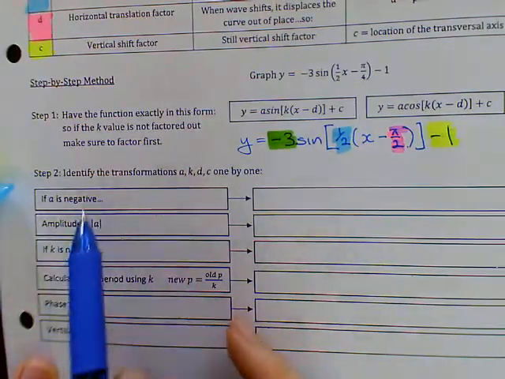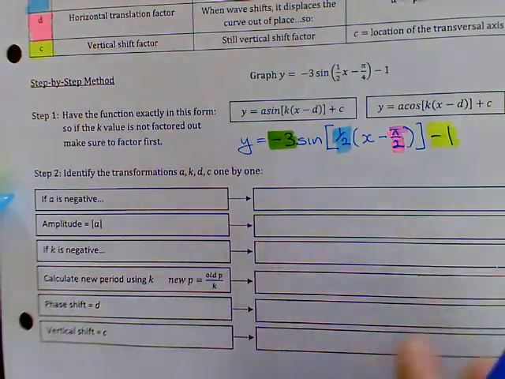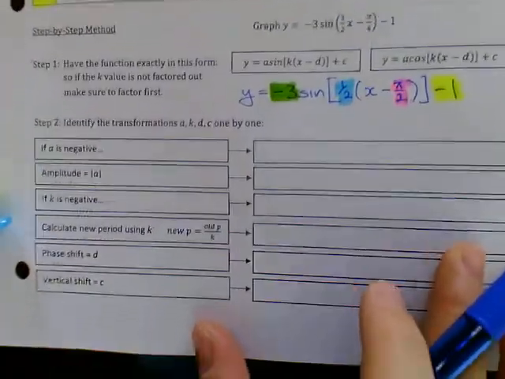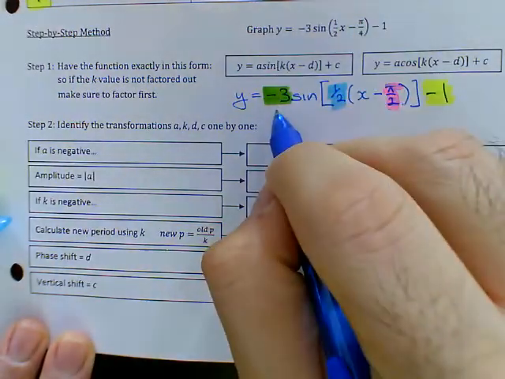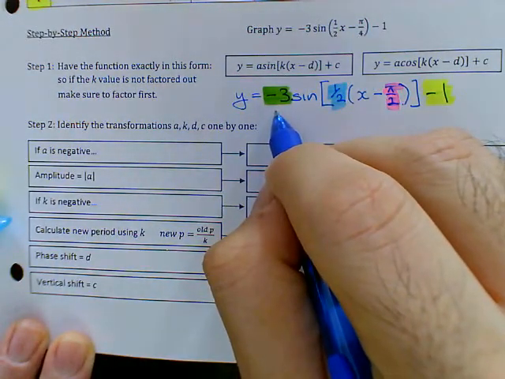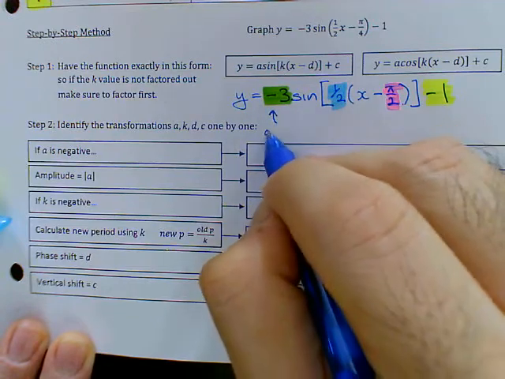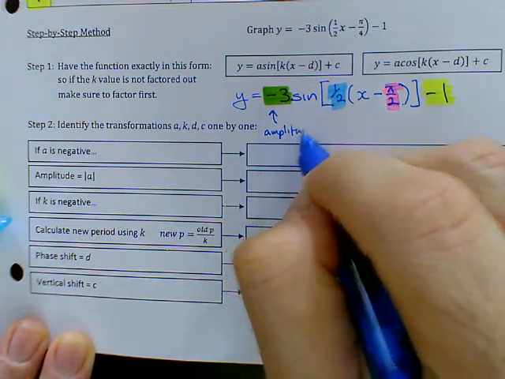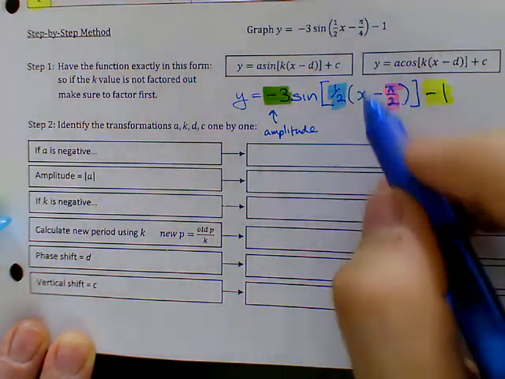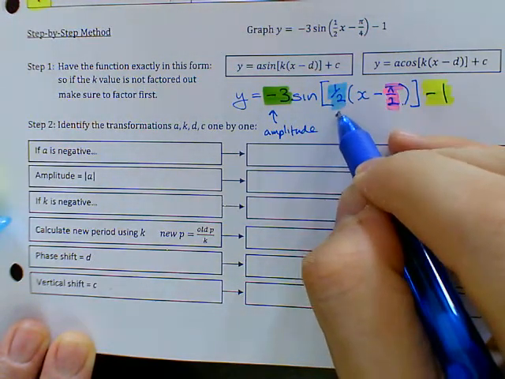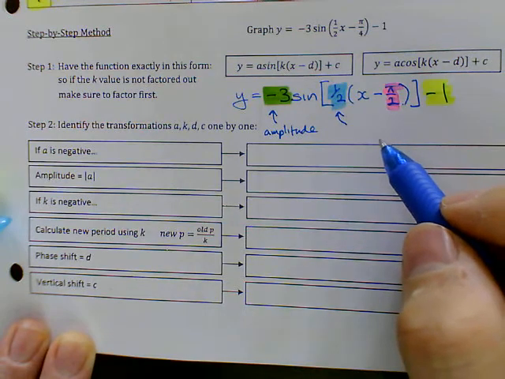The first 2 boxes, when you're doing a sinusoidal function, right? The first value is not just the horizontal compression. We know that this is going to be the amplitude. The k value, again, this is a bit of a review, is going to change my period.